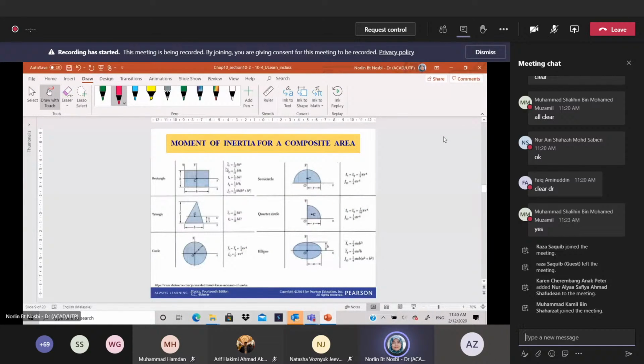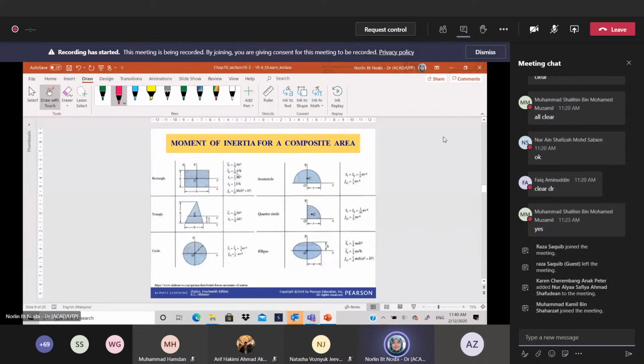Make sure you look carefully at the shape of the structure. If the shape is a rectangle, the Ix bar is equal to 1 over 12 BH^3. If the question asks you to find Iy bar, it is equal to 1 over 12 B^3 H for this shape.